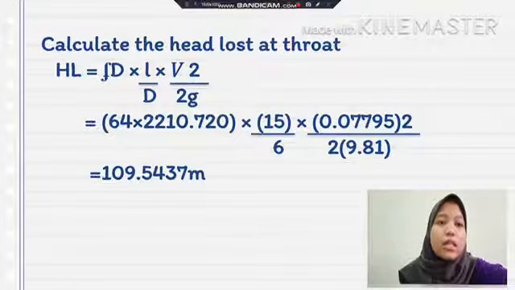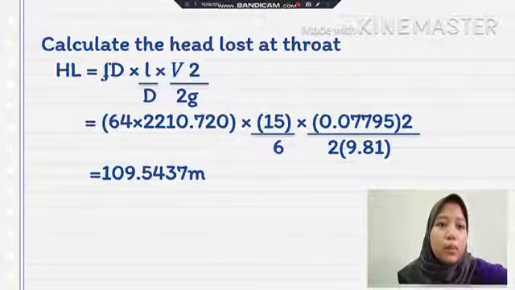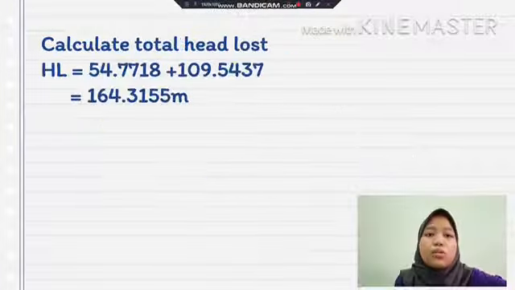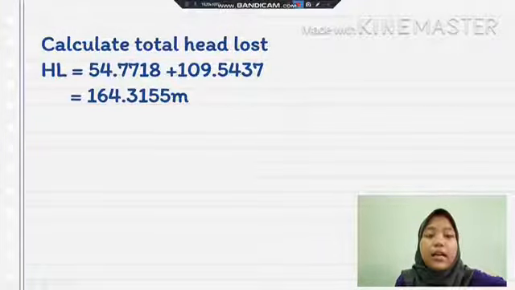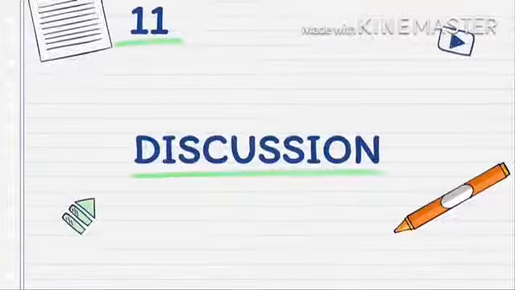The final answer we will get is 109.5437 meter. Finally, we need to calculate the total head loss, which is the head loss at the entrance plus the head loss at the throat.